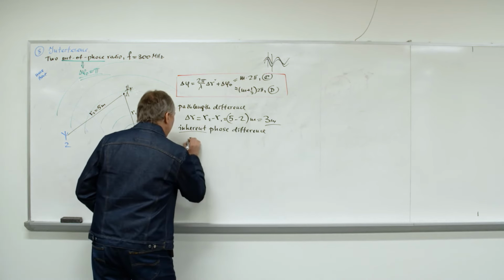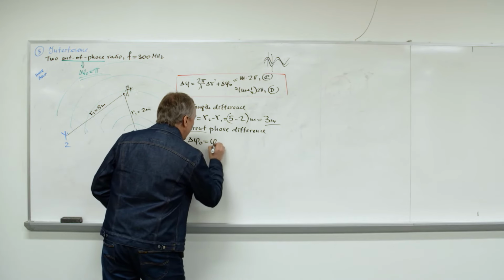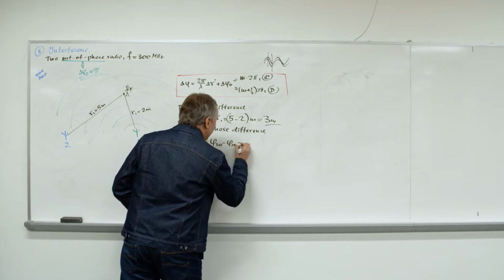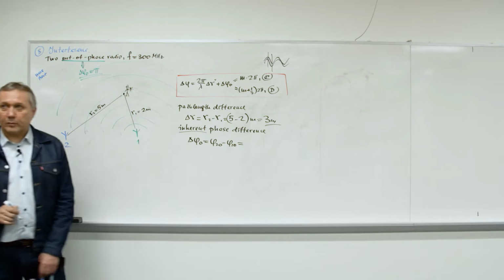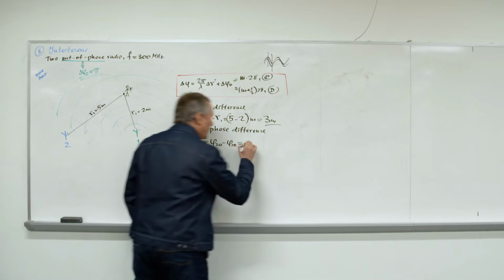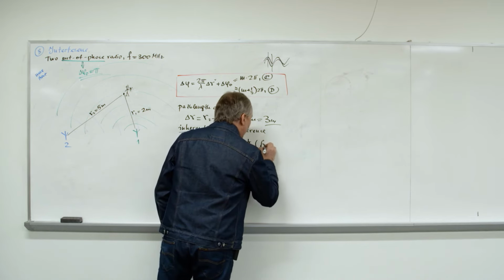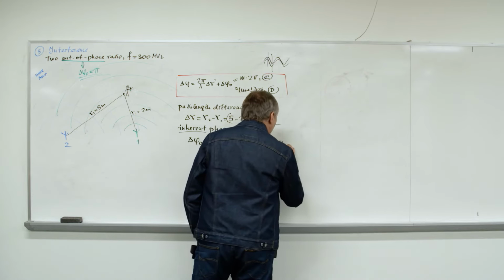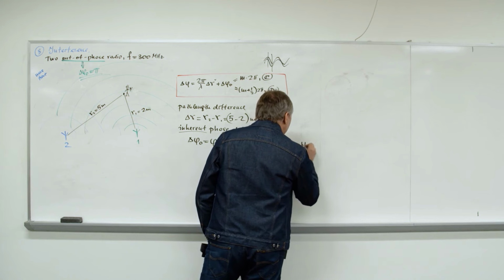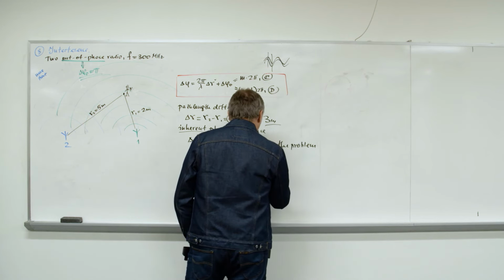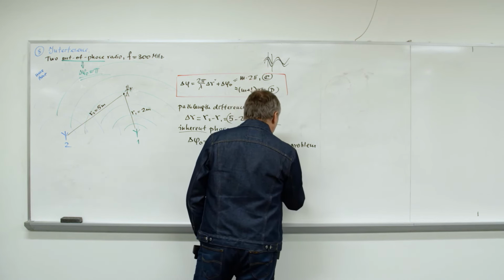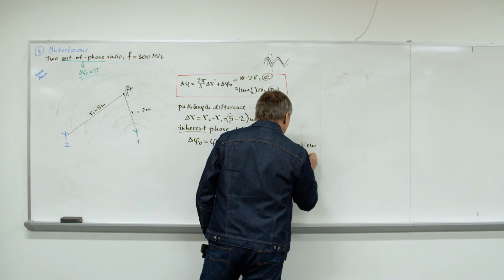All right, so delta phi naught is essentially phi 20 minus phi 10, and from the statement of the problem it is pi. Out of phase antennas.